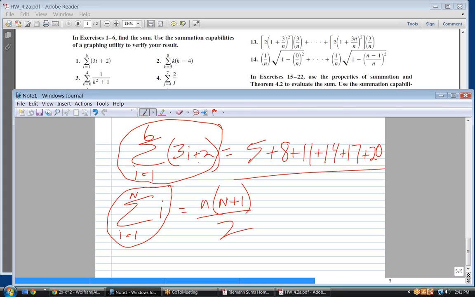So I can take my summation here. Let's first of all figure out what the sum of 3i would be.